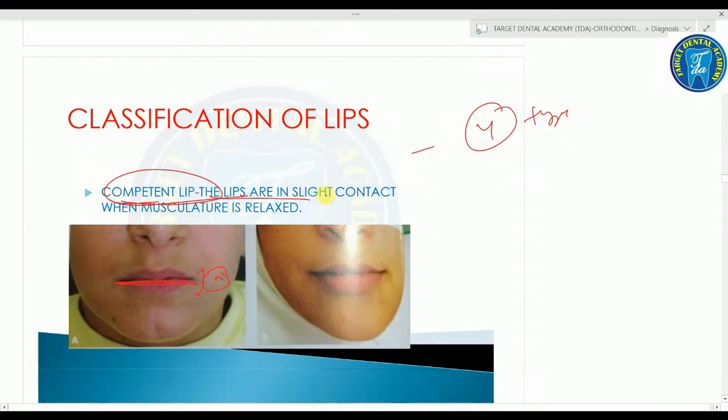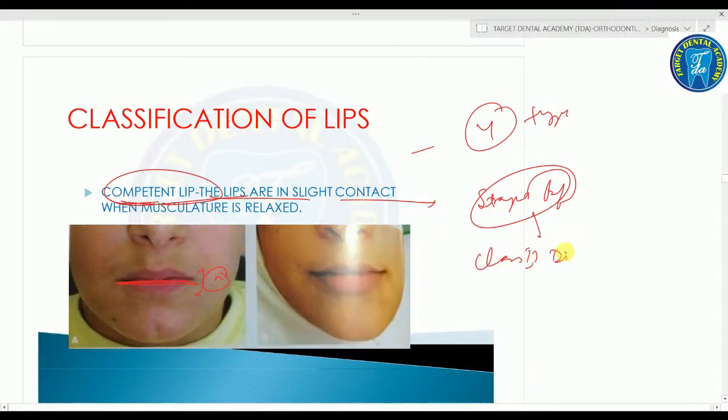These are particularly seen in a straight profile. In a straight profile patient, you can see a proper lip seal. You can also see it in a patient having class 2 division 2. In this case also, the patient has competent lips, with a proper lip seal.